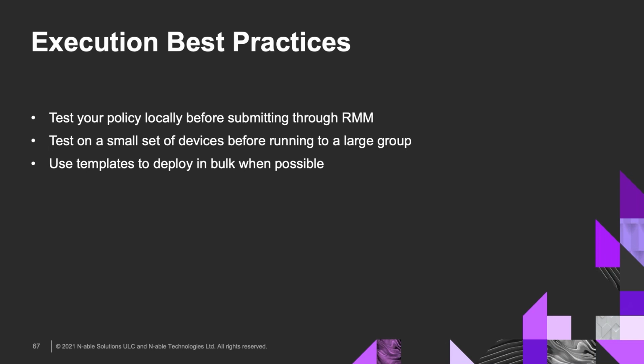So if you're going to apply that same policy to multiple machines, put the script check that runs it into a template so that it's easy to change the template or remove it later, rather than having to go into each individual machine to make those fixes or updates later on. You take it out of the template, and then all the machines assigned that template will be affected at once.